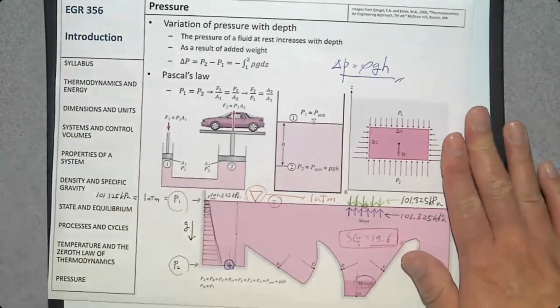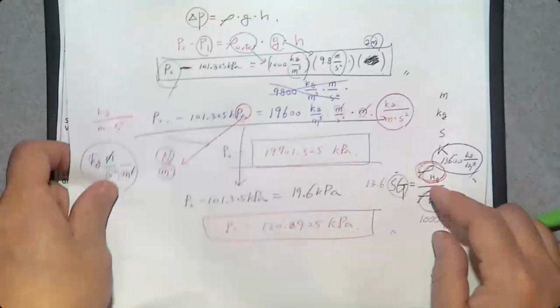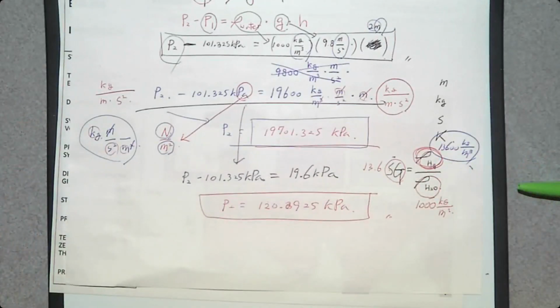Any question about this slide? Yes. This one? 120.925. Delta P is 19.6 based on delta P equals rho g h.